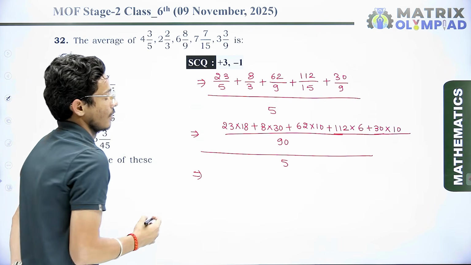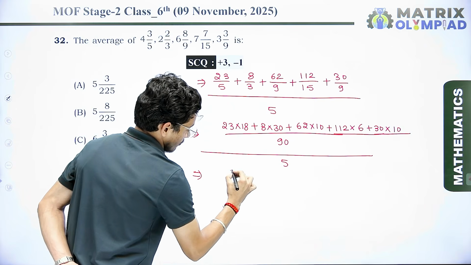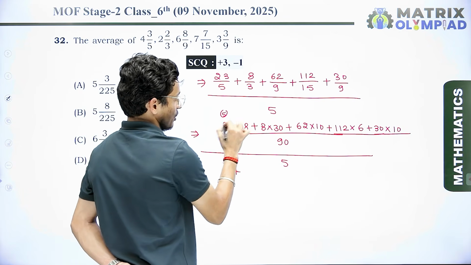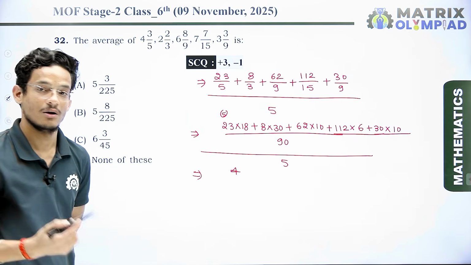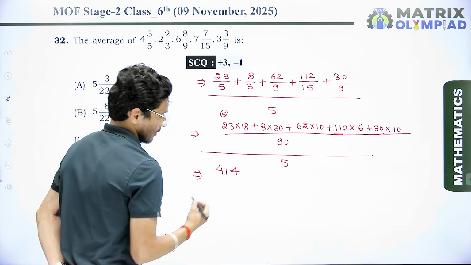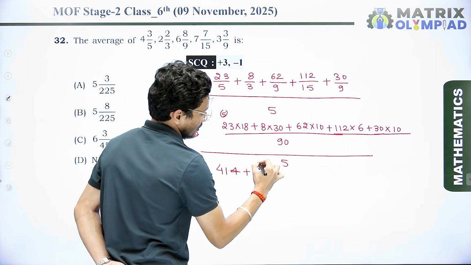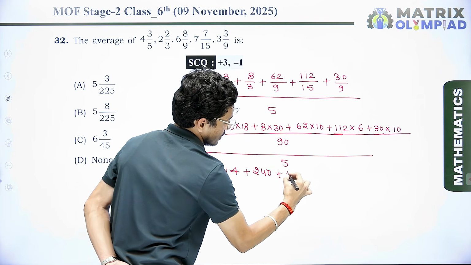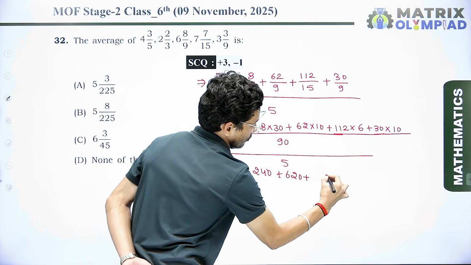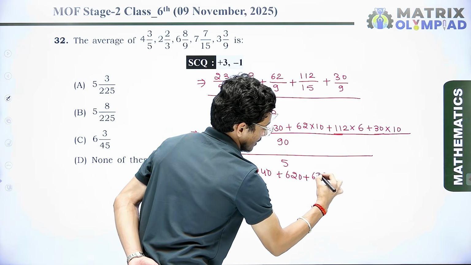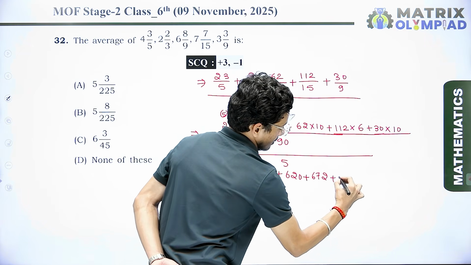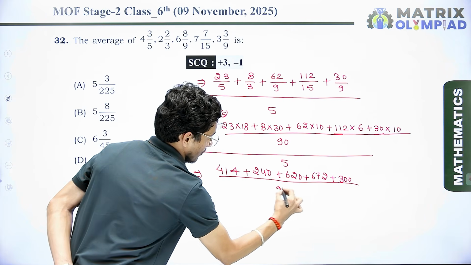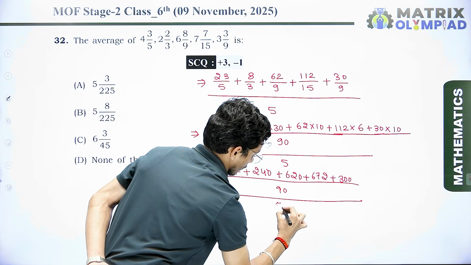So now when we multiply here, 18 times 3 is 54, here we get 5, so 18 times 2 is 36 and 36 plus 5 is 41 plus, 18 times 3 is 24, 24 plus 0 is 0. Okay, here we get 620 and plus 6 times 2 is 12, carry 1, here we get 672 plus 300 divided by 90 upon divided by 5.